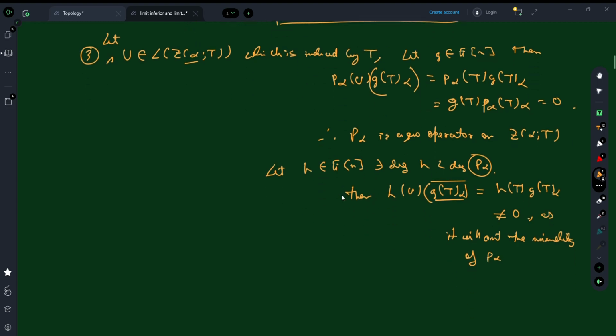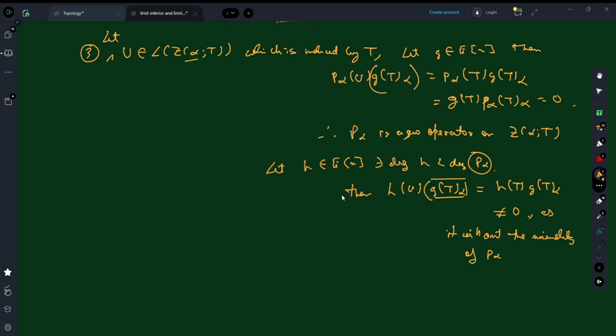So p alpha is typically the minimal polynomial on Z(alpha; T). So it's the minimal polynomial on Z(alpha; T).